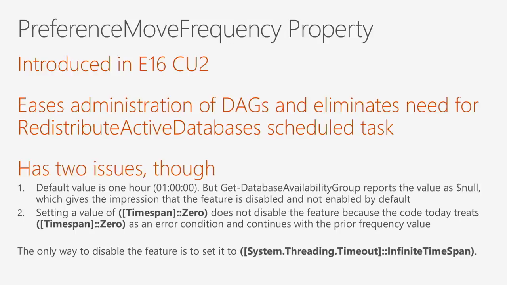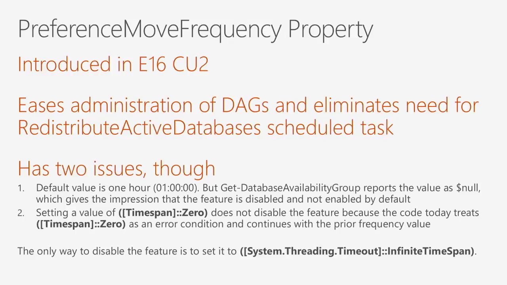The other thing is the way in which you would disable it using the time span 0, which is how you disable a lot of features, actually doesn't work, because the code will treat that now as an error condition and simply ignore it when you try to do that.